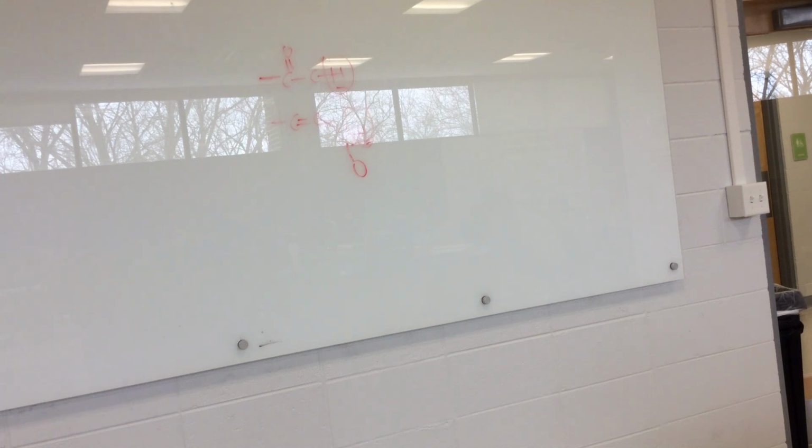Okay, let's see why the others are wrong. Look at B. In the B structure, these 2 hydrogens are equivalent. We have 1, 2, and these are equivalent. Actually, we don't even need to count.